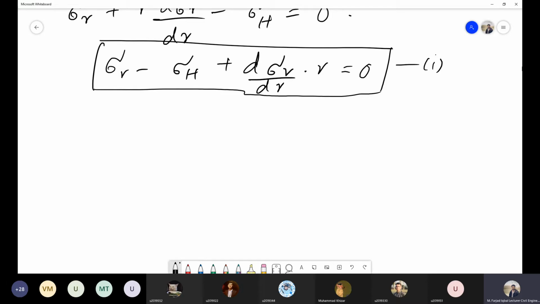We did that in the last class as well for the thin cylinders. What is the way to represent the strain? Anyone?